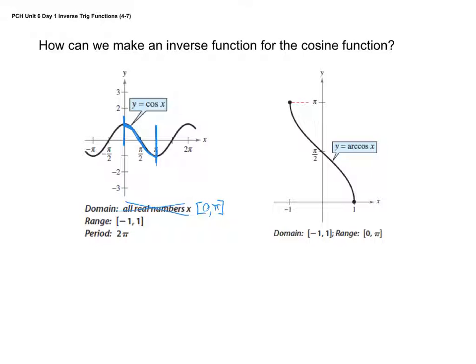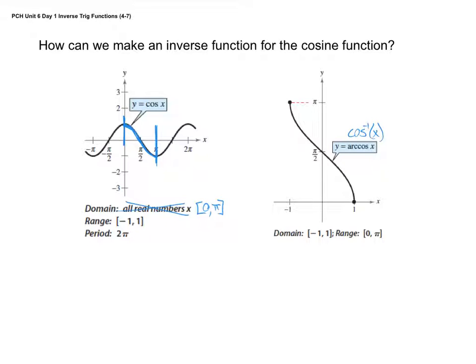And now notice over here I have the arc cosine, the inverse cosine. The domain of cosine is now the range of my inverse cosine, and the range of cosine is the domain of my inverse cosine. And like we mentioned earlier, remember arc cosine is the same as the inverse cosine. We use them interchangeably. Does that make sense?